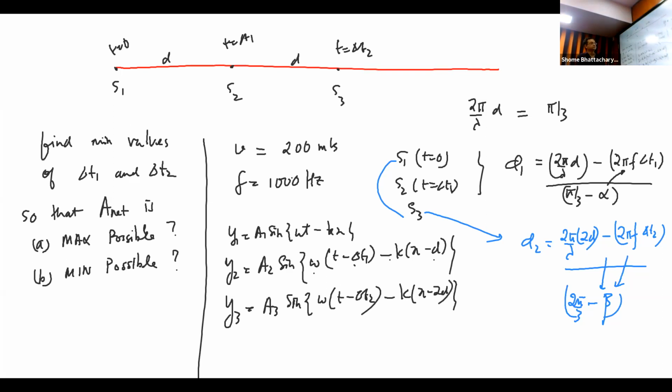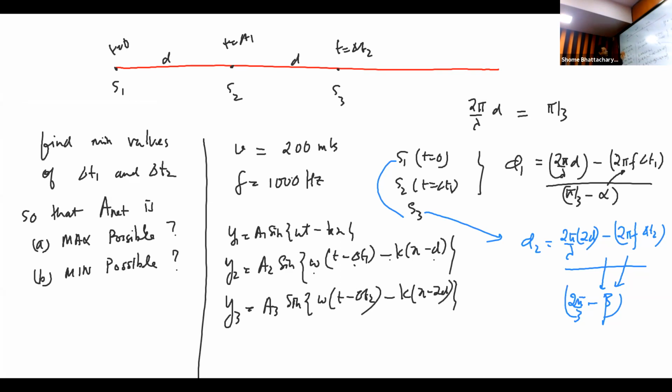Now when we want the case where it is the maximum possible, that's when phi1 and phi2 are both 0. So alpha should be equal to pi by 3 and beta should be equal to 2 pi by 3. That is the simplest case in which the net phase difference between 1 and 2 is 0, and between 1 and 3 is also 0. So it becomes a very simple case to solve.